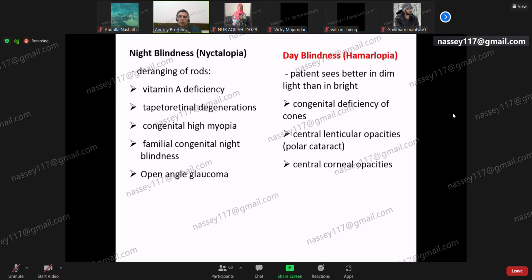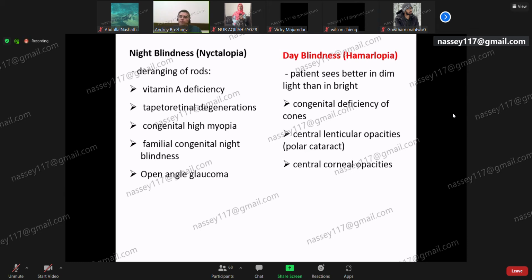Its causes are congenital deficiency of cones, central lenticular opacities, for example, polar cataract, and central corneal opacities.